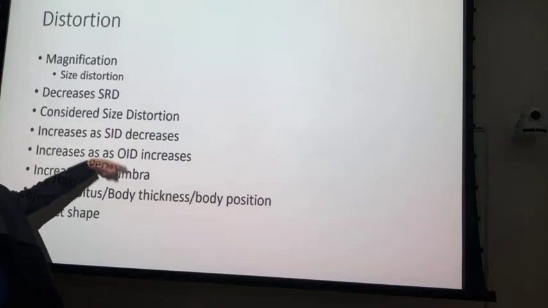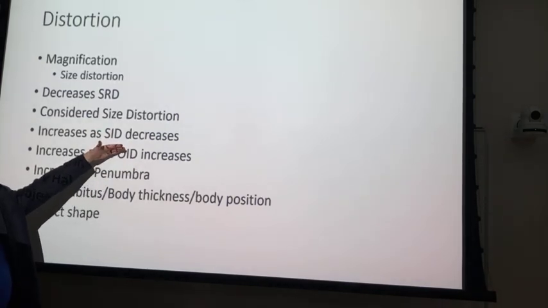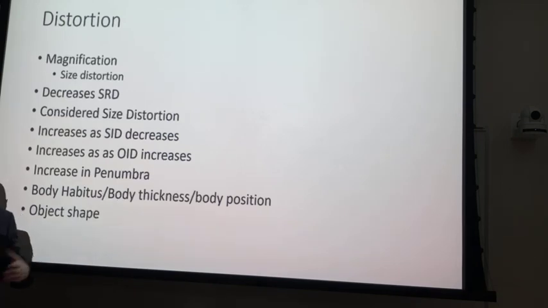Unfortunately, because you're doing that, you're increasing OID without increasing SID, you're going to lose sharpness of recorded detail. And the only way to overcome that is by using a very, very small focal spot. And that's a fractional focal spot that we mentioned earlier on in the semester. Okay? But if you don't use a small focal spot, you're going to increase penumbra.